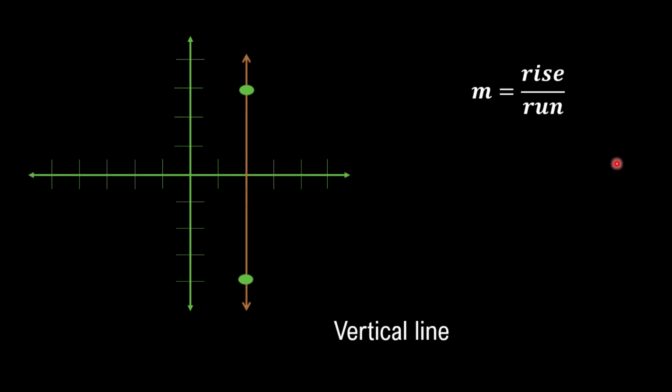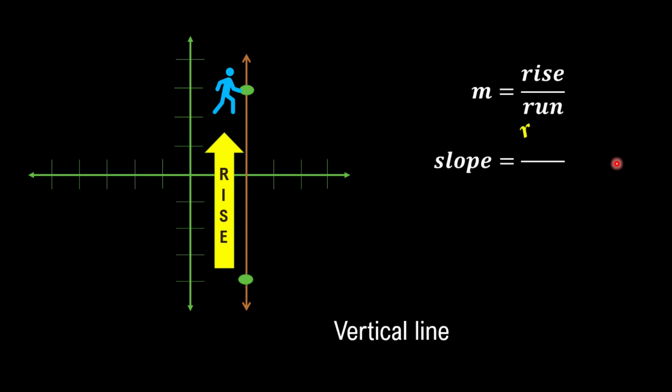Now, if we have a vertical line, so vertical line naman, to i-describe natin siya, the movement is purely rise. Pero wala siyang movement horizontally, left or right, wala siyang horizontal movement. So, if we are going to analyze our slope, the ratio of rise over run, may rise, but the run is 0.